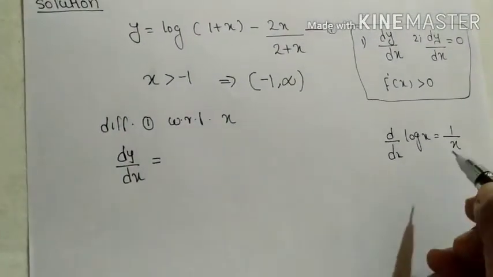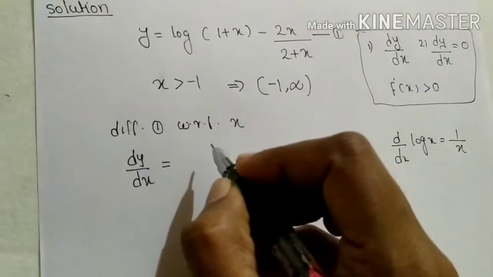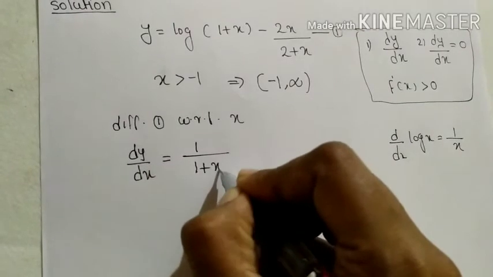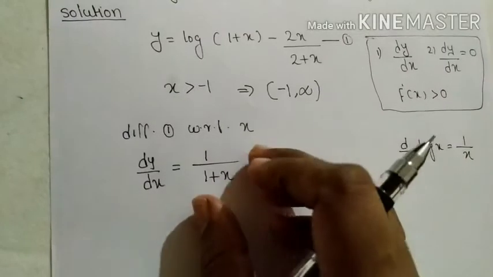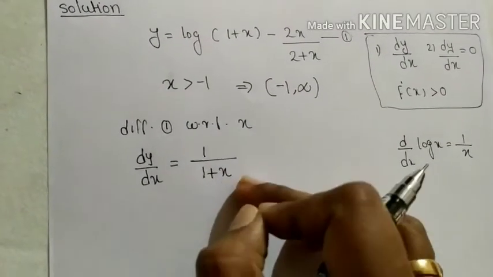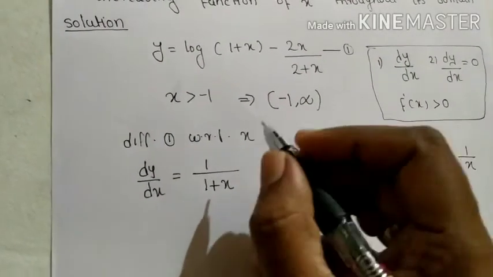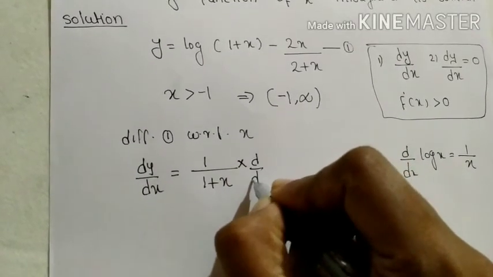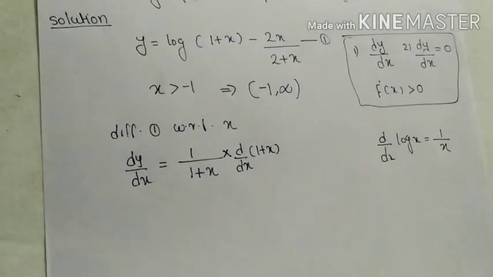So if the derivative of log x is 1 by x, then replacing this x by 1 plus x, we get the derivative of log 1 plus x as 1 divided by 1 plus x. And again 1 plus x is another function, so we need to calculate the derivative of 1 plus x also using the chain rule.